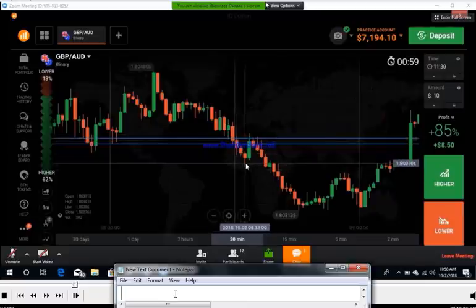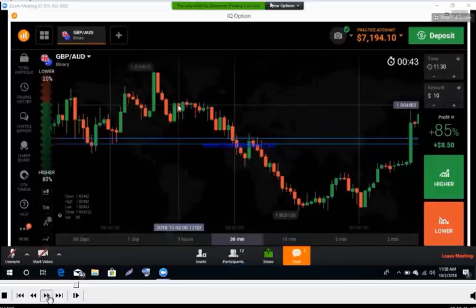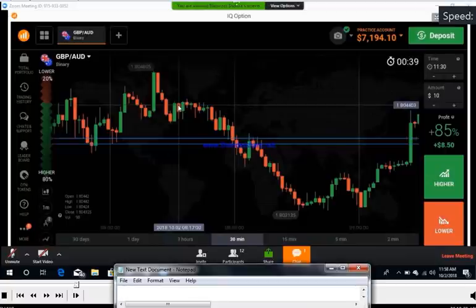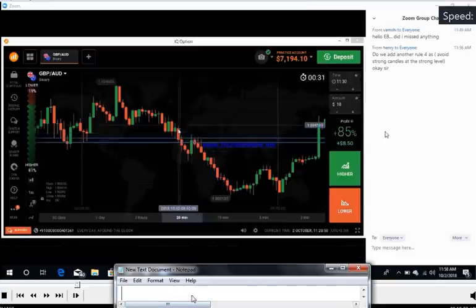Okay, just wait. You can see this candle closed below the level with rejection. This is the break.